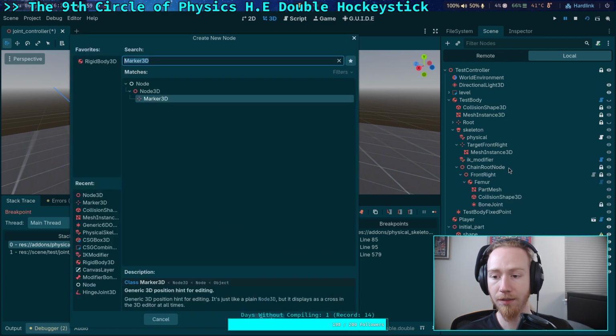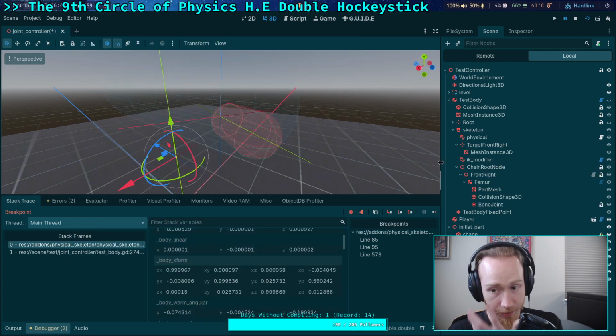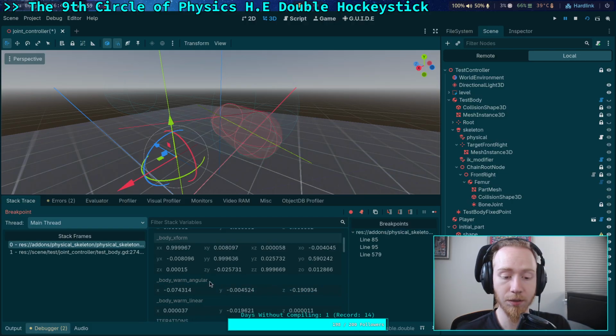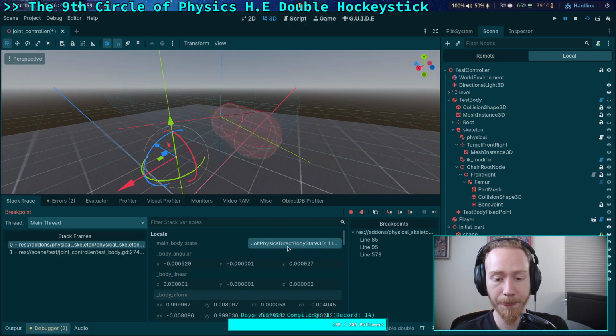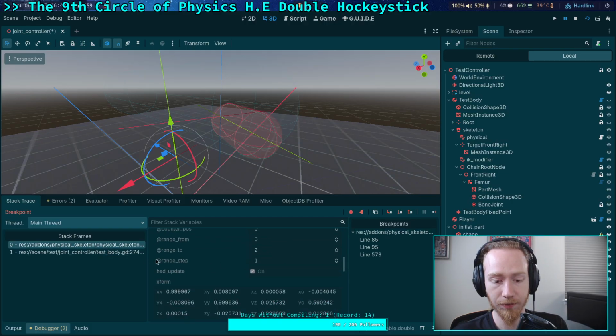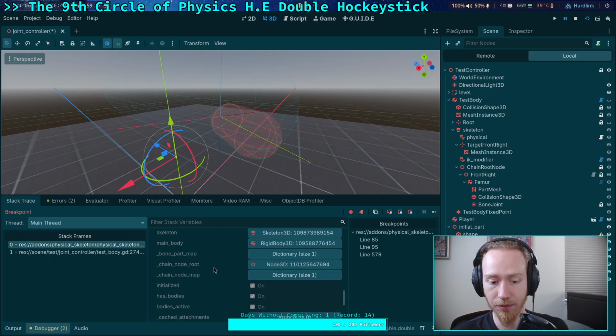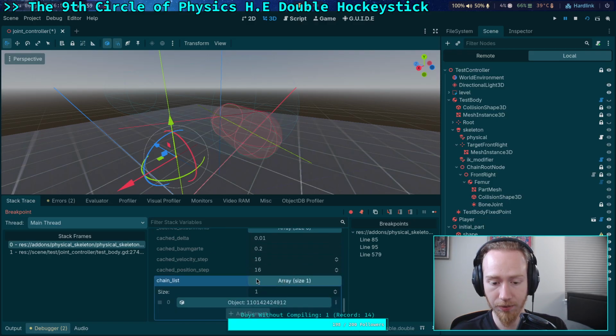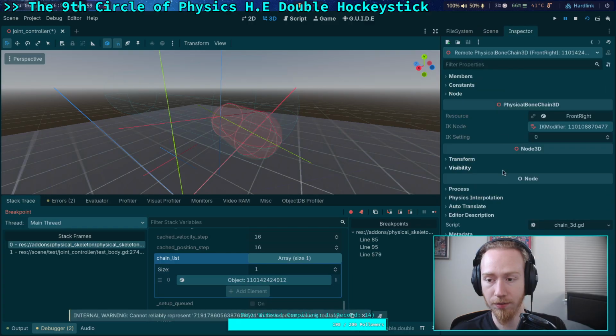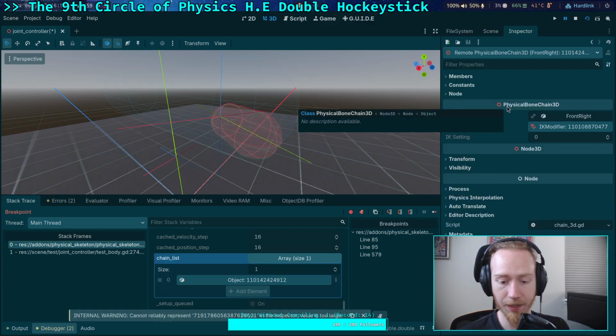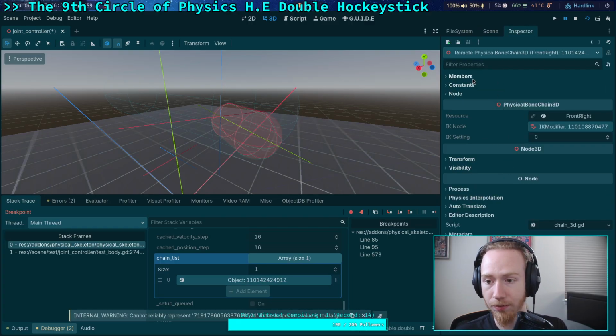And then I have a marker, which would be something here. Chain. Cannot reliably represent. Cool.